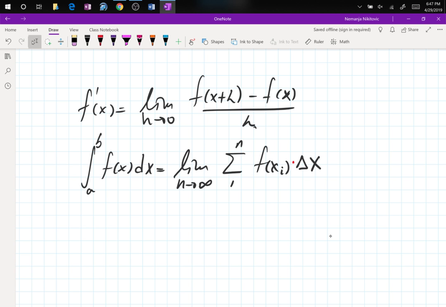Now, the last thing that I need to ask is: is area under the curve the same concept as definite integral? The answer to that is no. If the function dips below the x-axis, then the definite integral value and area value are two different numbers.